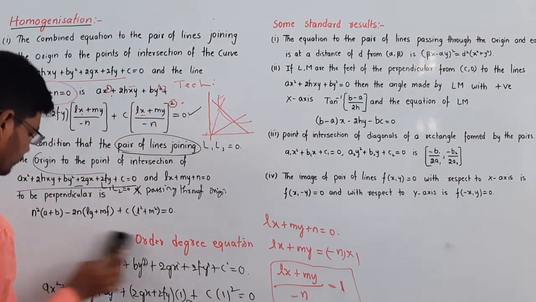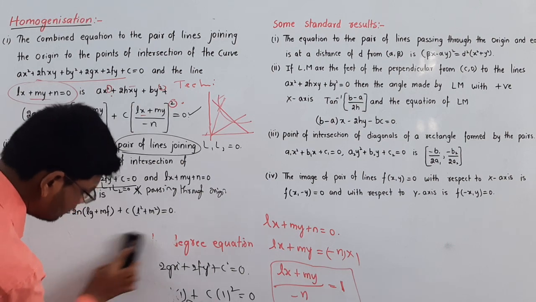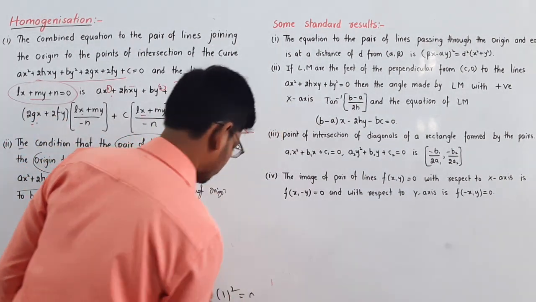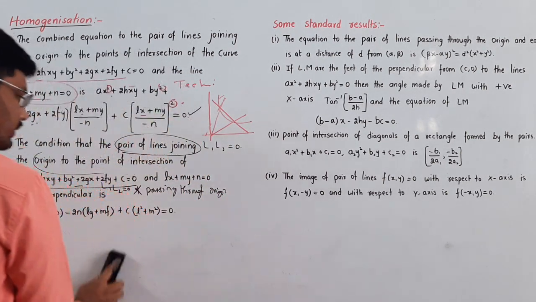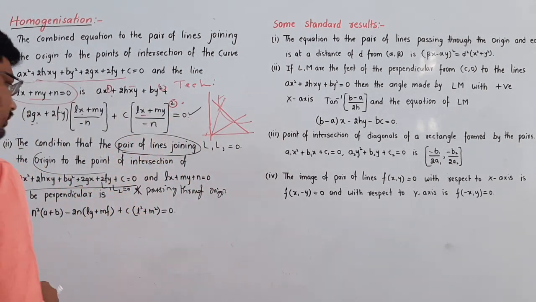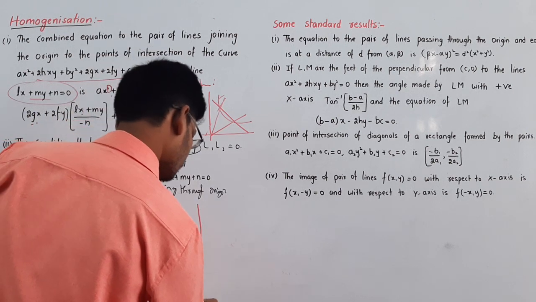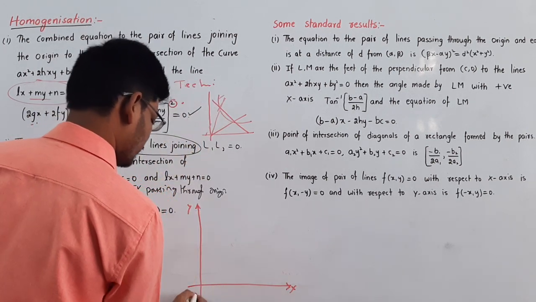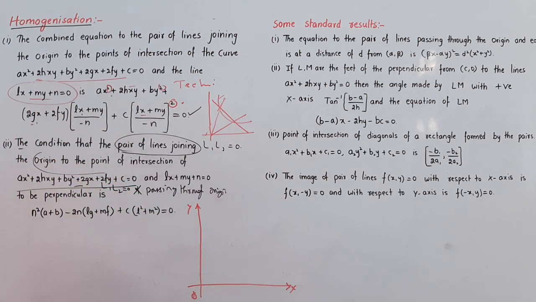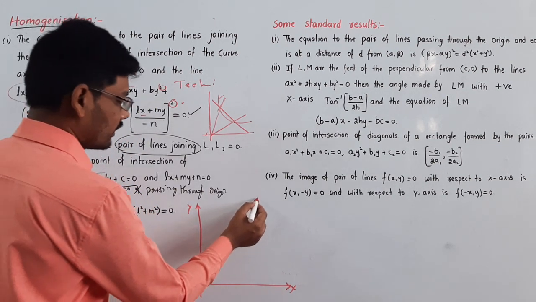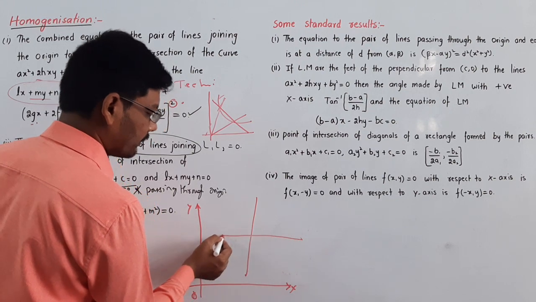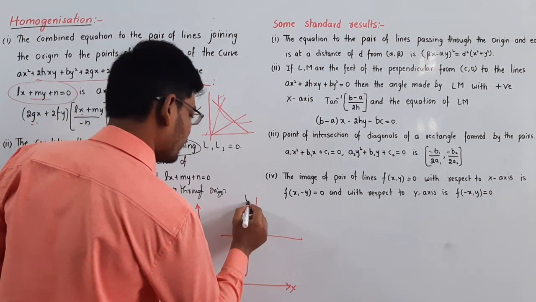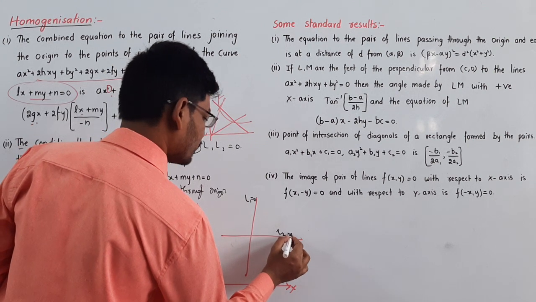For that I am taking a diagram here. This is x, y, this is origin. So I am taking two pair of straight lines not passing through origin, this is L1 is equal to 0 and this is L2 is equal to 0.